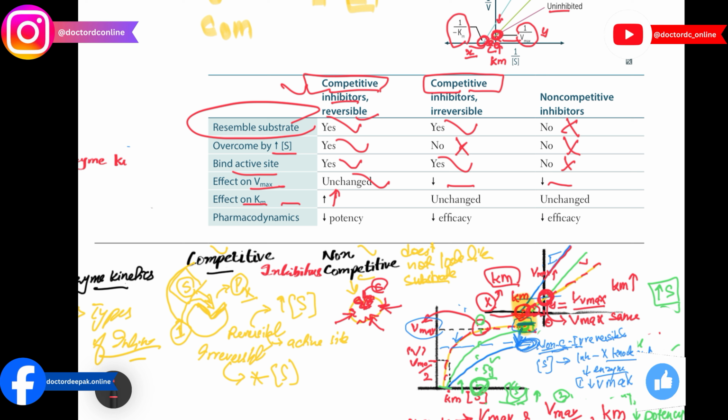But in irreversible or non-competitive, we are not using any substrate, so the Km value will be unchanged. In terms of pharmacodynamics, potency will be decreased in competitive inhibitors, because when you give a high number of substrate, the enzyme will work the same. But in irreversible and non-competitive, the efficacy will be decreased, because when we disturb the enzymes, they will not work again as they were doing, so the efficacy will be decreased in both.